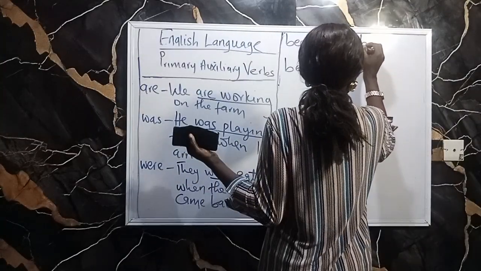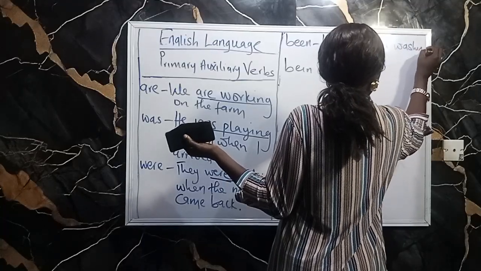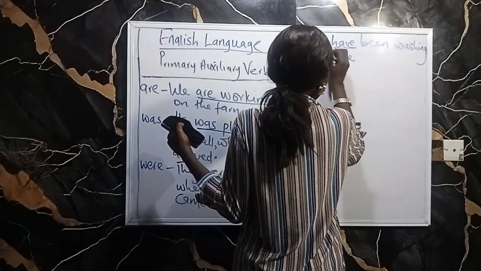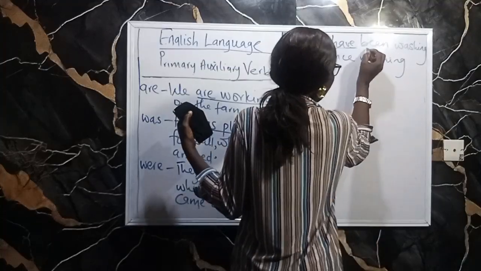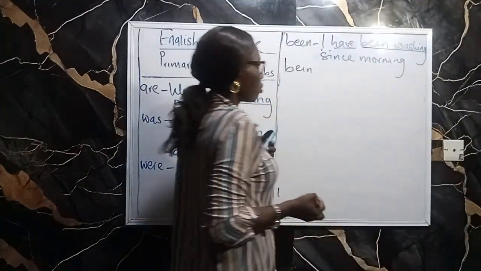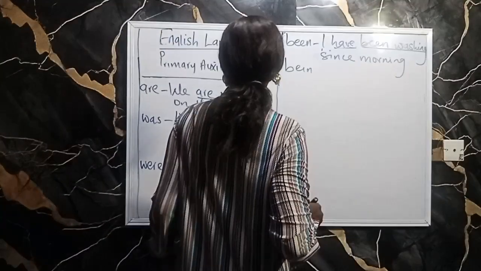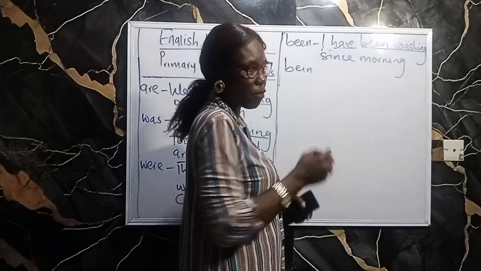I have been washing since morning. So I've been washing. Been is the primary auxiliary verb used with the form of verb washing.